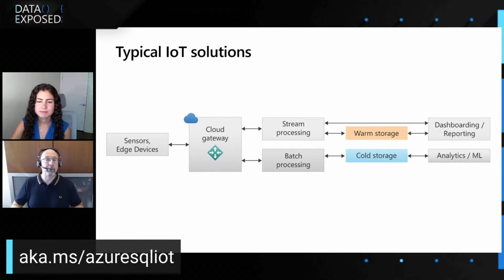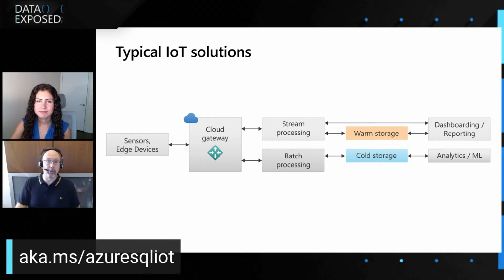So we may want to keep the raw data points that we just keep there for historical analysis and historical reasons in the coldest type of storage possible, because that's the cheapest one and is typically provided in high volume, right? So this is where we can spend a few dollars per terabyte per month type of price tag attached, right?